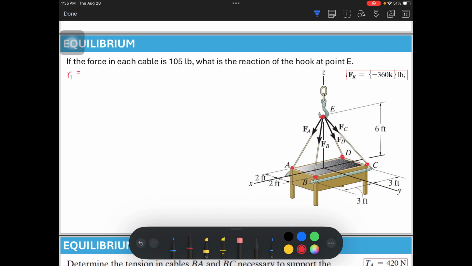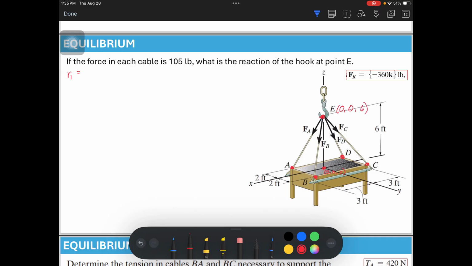Ano ang coordinates? Makikita naman natin, ito ang point of origin. This is the 0, 0, 0 point. So, locate natin ang point E. Ano ang coordinates niya? So, wala siyang X, wala siyang Y, meron lang siya Z na 6 feet.